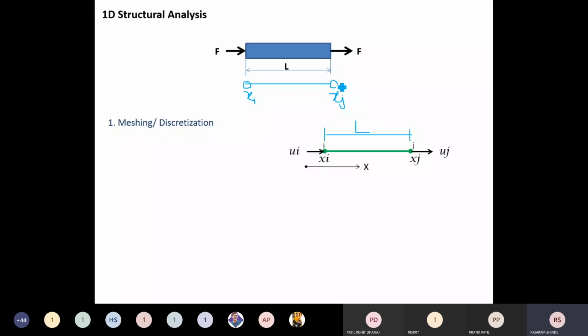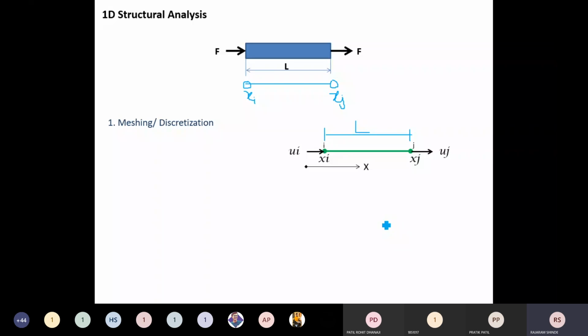Suppose the displacement of node i is ui and the displacement of node j is uj. Our aim is to find these displacements. This ui and uj is the result of the problem, that means it is after solving the problem.